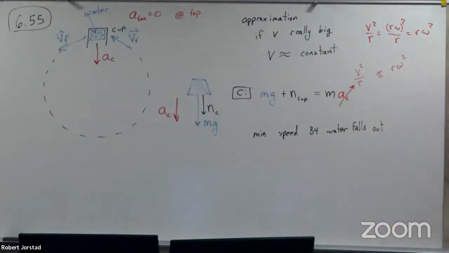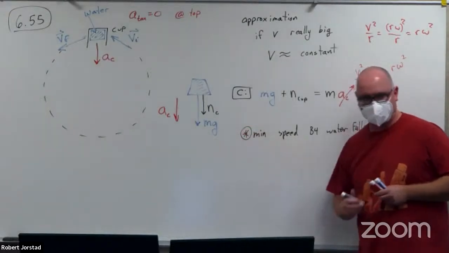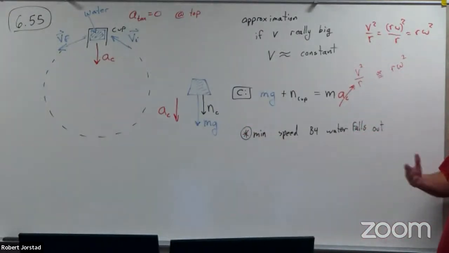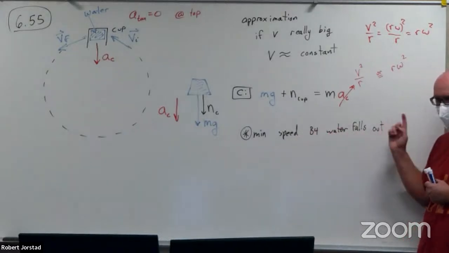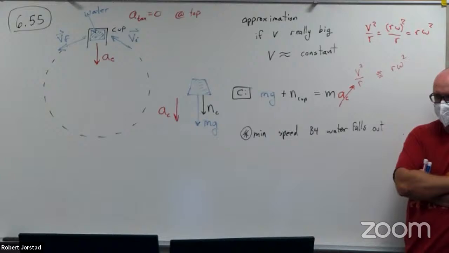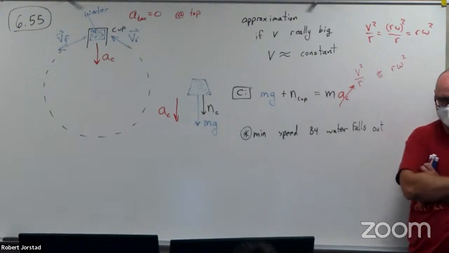So what's the minimum speed before the water falls out? You're supposed to know something when you see this in a physics question. You might not know it. So I don't know. Does anybody know how to approach this type of problem? If we're looking for the minimum speed before the water falls out, this is actually a fancy way of a physics person telling you something about one of these forces.